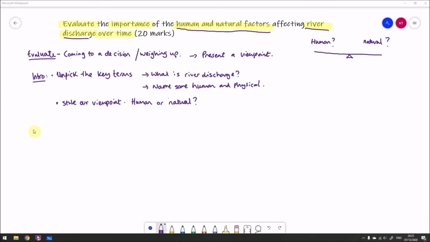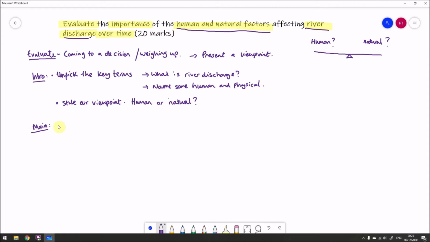You then want to get on to the main body of your essay. Okay, this is where most of your writing is going to be done in this section. So I would, within this question, make sure that you have some awareness of both of these factors.